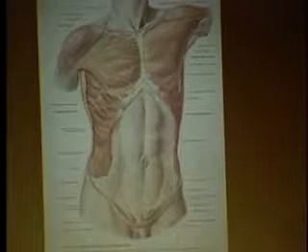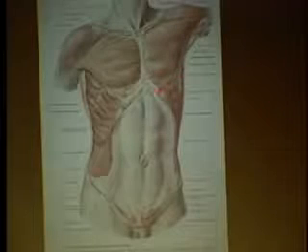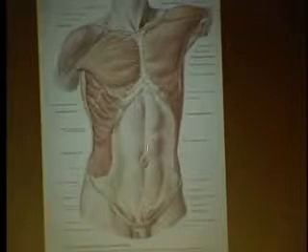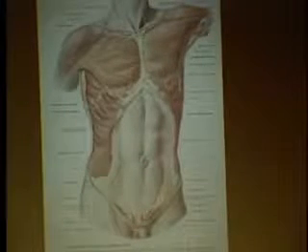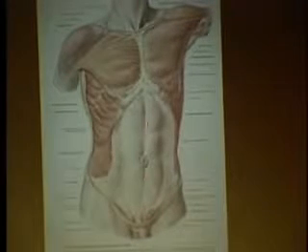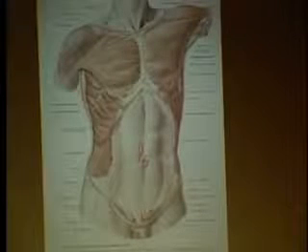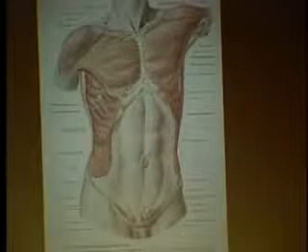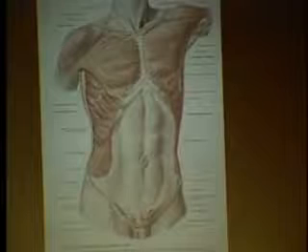Purely cosmetic. They don't want the scar to show up here when they wear their bikini bathing suits. They get the slice down here. But boy, would you do that? If you knew your anatomy, you'd stay in the midline. All right, so that's your linea alba.